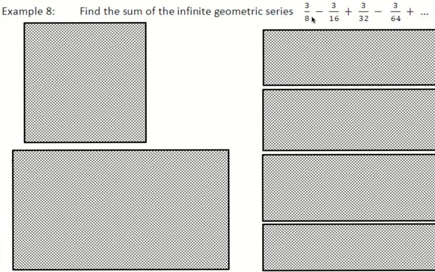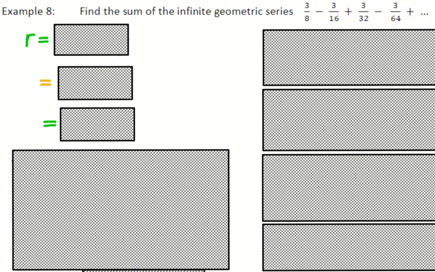If you can't do it in your head quickly, you could literally do the second term divided by the first term to figure out your R value. So if need be, you could do -3/16 divided by 3/8, and you could even use your calculator if you need to. But look at this.